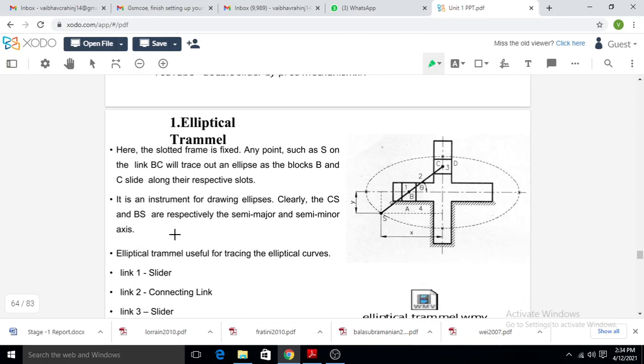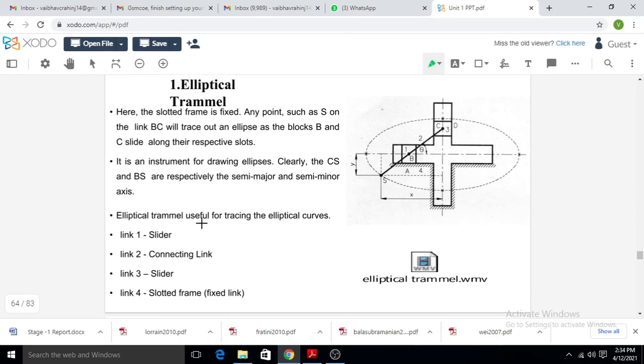We will discuss them one by one. The elliptical trammel is the first inversion of the double slider crank mechanism. Here the slotted frame is fixed. This is the slotted frame: we make a slot in the shape of a plus sign in one frame, and we fix it.